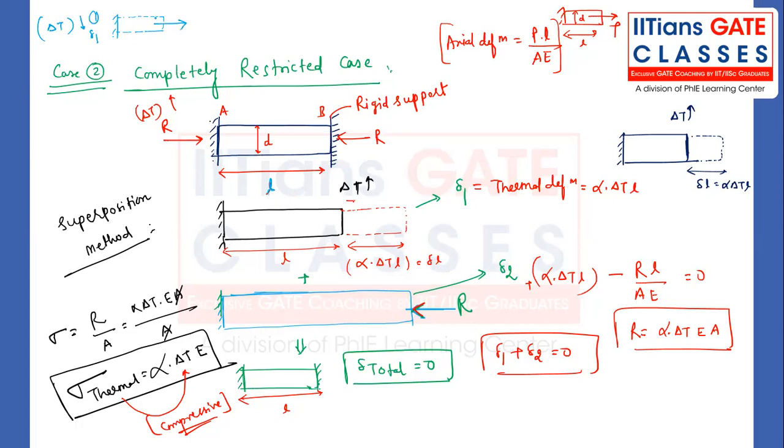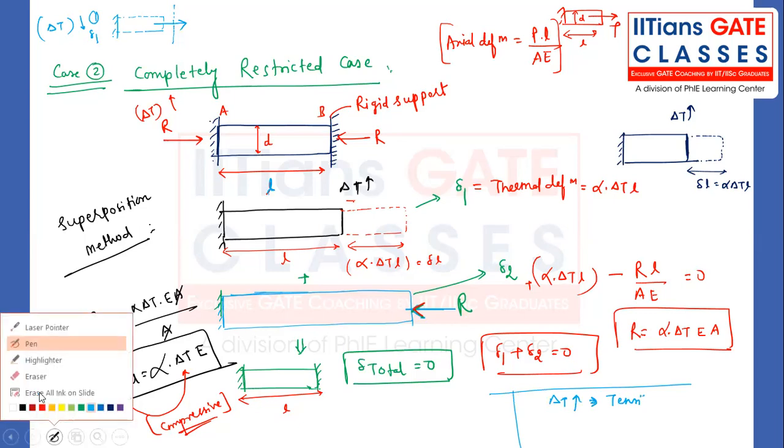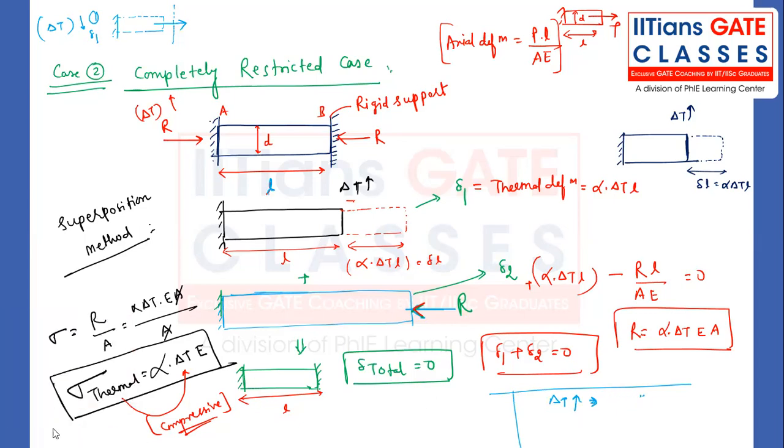Come back. And due to that, when the temperature gets decreased as compared to the initial conditions, if it is getting dropped, some kind of tensile stress will be developed. So you can note down in short: if delta T increases, compressive stress.